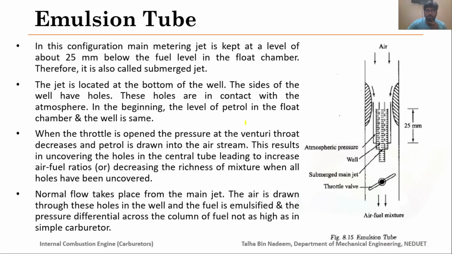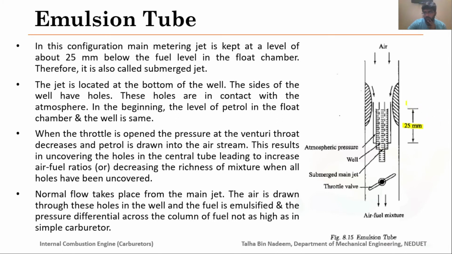In this emulsion tube, you can see that the main metering jet is kept approximately 25 millimeters below the fuel level in the float chamber.